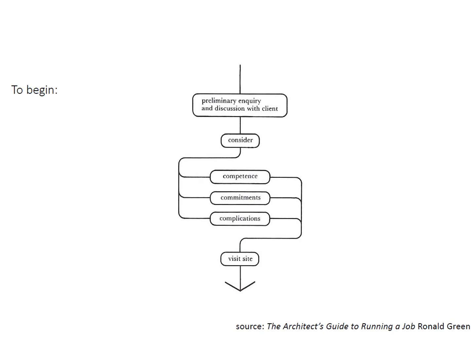So our first flow diagram, which you saw last week, begins when the client has touched base with you and begun preliminary inquiries regarding a project. Just as a reminder, you as an architect and the client are each considering each other's competence, commitments and complications to take on this project before making an agreement to visit the site.